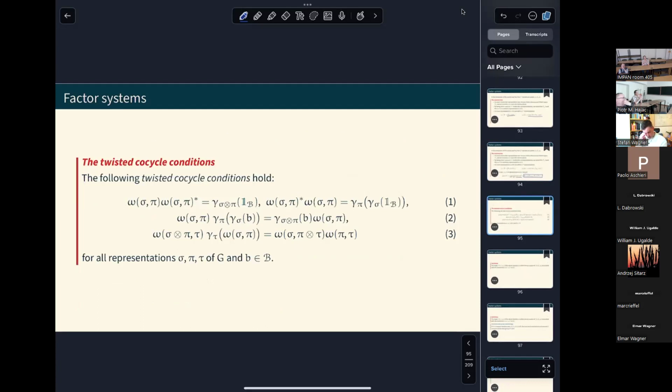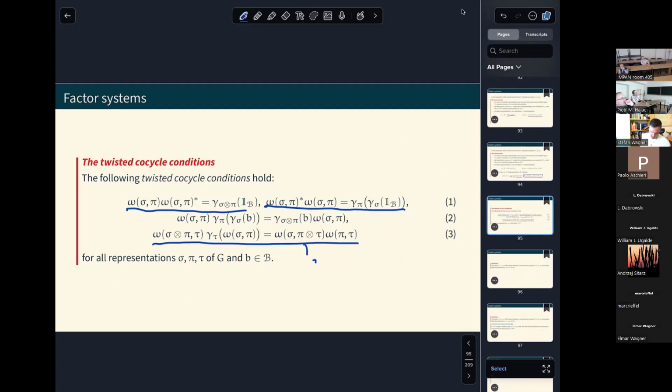And then you do some computations, and then you have the following twisted co-cycle conditions. Well, these omegas are partial isometries, so this is the first line here. The second line is the so-called co-cycle or co-action condition. And the last one is the co-cycle condition.